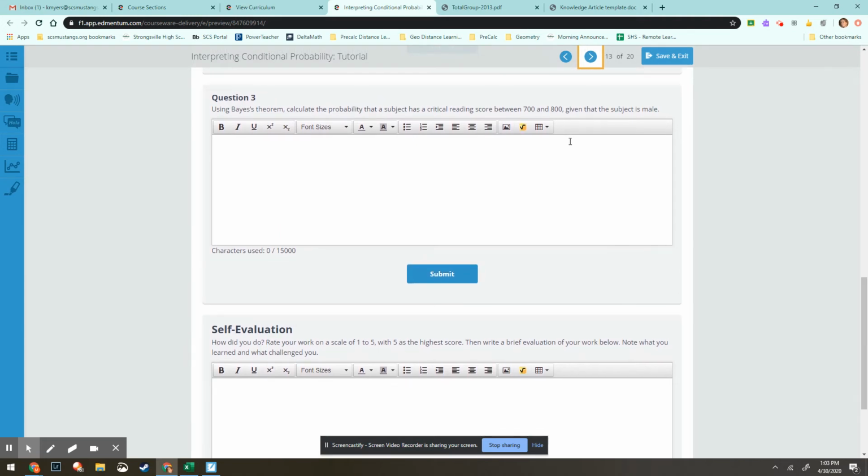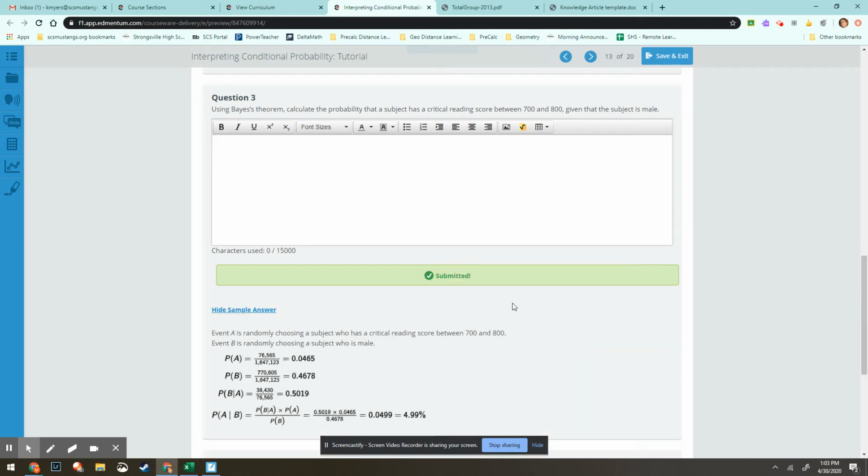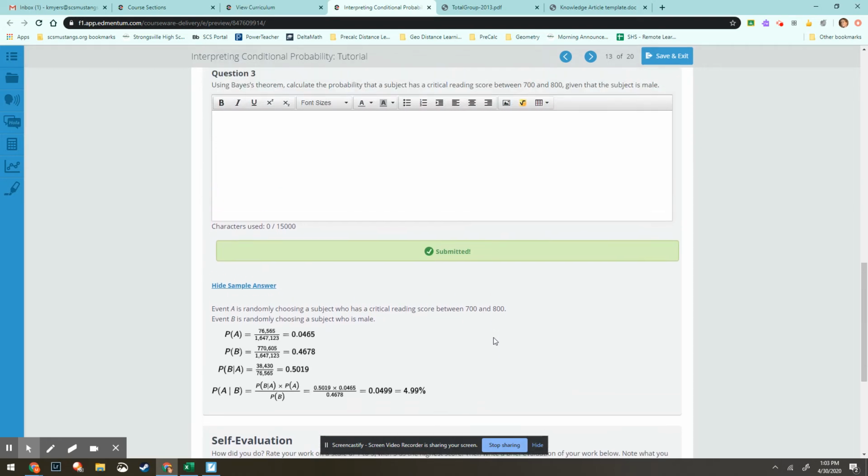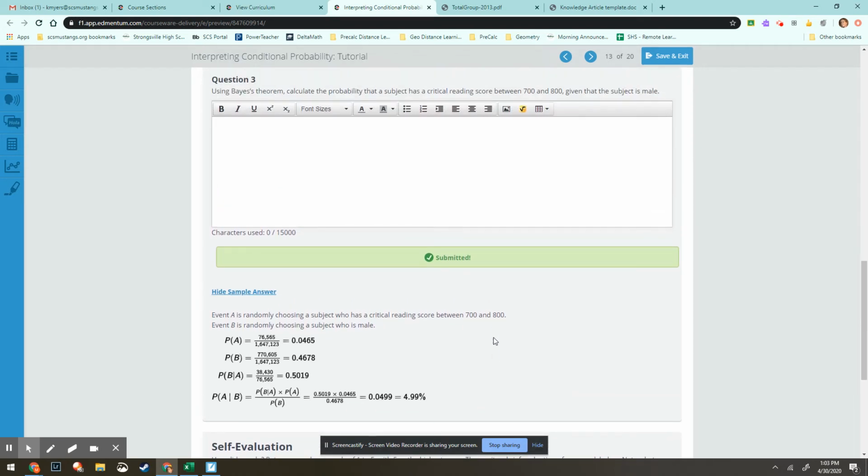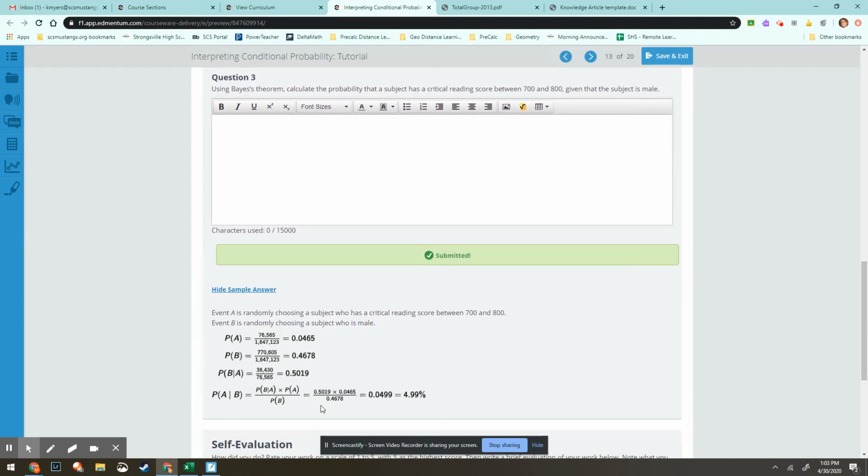It says, using Bayes' theorem, calculate the probability that a subject has a critical reading score between 700 and 800, given that they're male. Okay, so just to save us time, we're going to say that A is having a critical reading score between 700 and 800. B is the subject being male. So you have to calculate all of these independent probabilities.